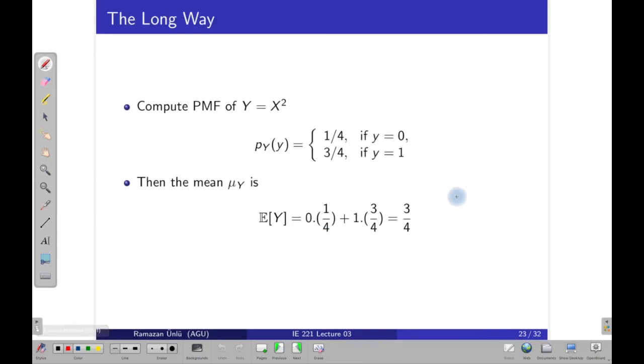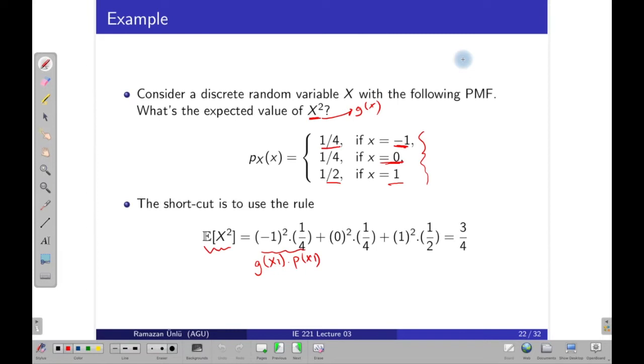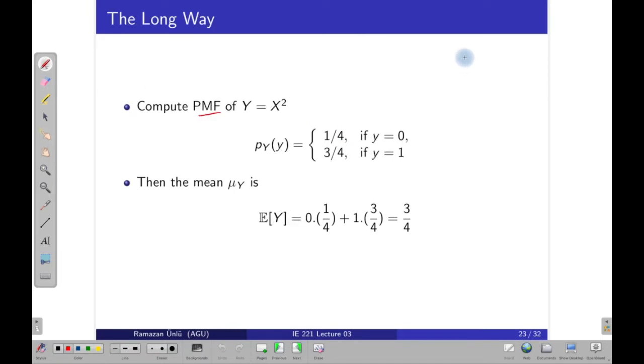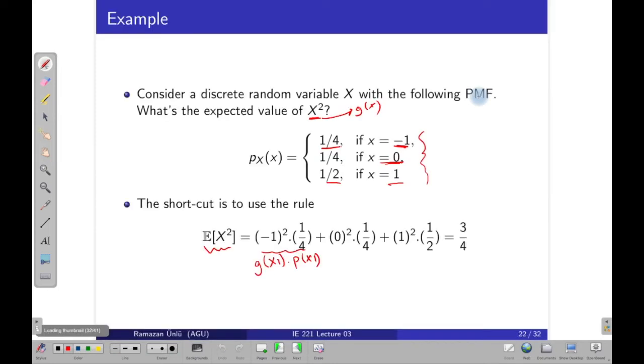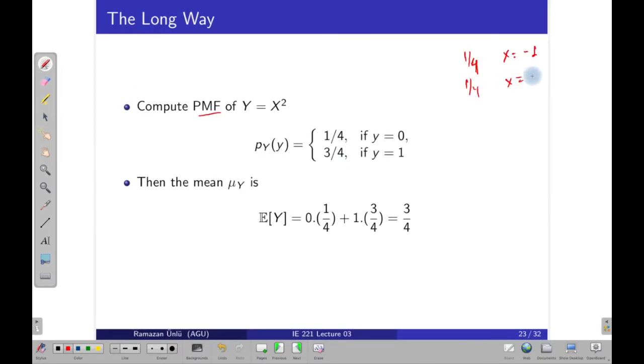So if we compute in a long way, first we have to calculate the PMF of y, and y is equal to x squared. So what was the PMF of x? Let me write here. 1 over 4 if x is equal to minus 1, and 1 over 4 if x is equal to 0, and 1 over 2 if x is equal to 1.